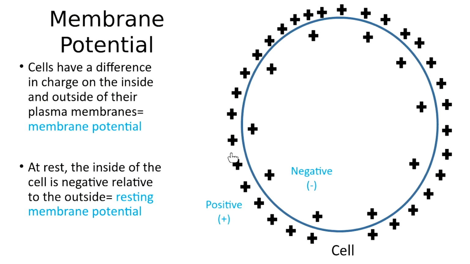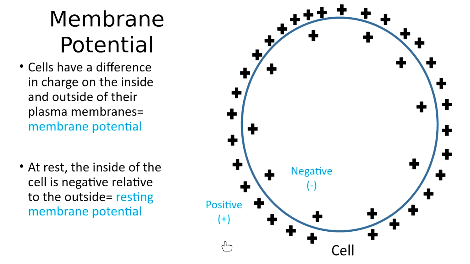One of the things you'll notice if you look at this closely is we've got far less positive charge on the inside and far more positive charge on the outside of that plasma membrane, or cell membrane. Because of this, we say that the membrane potential, or the difference in charge on the two sides of the membrane, is negative on the inside relative to the outside.